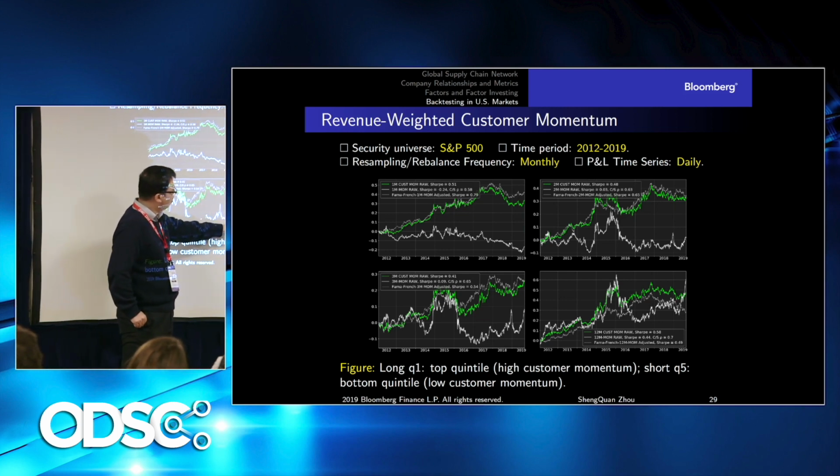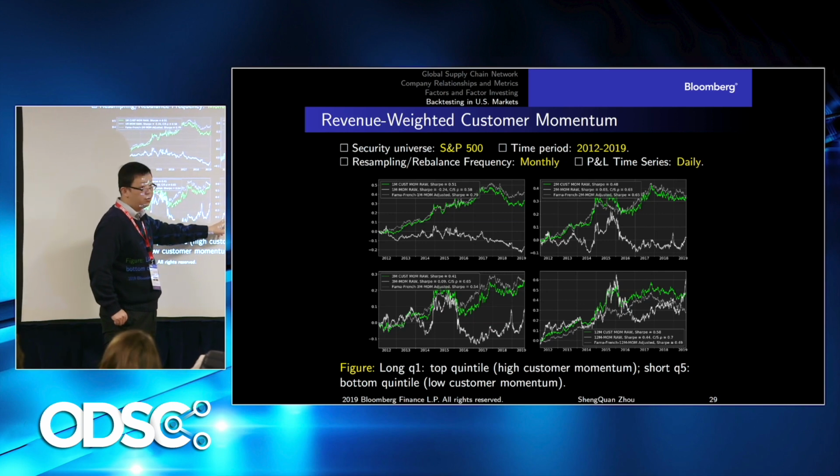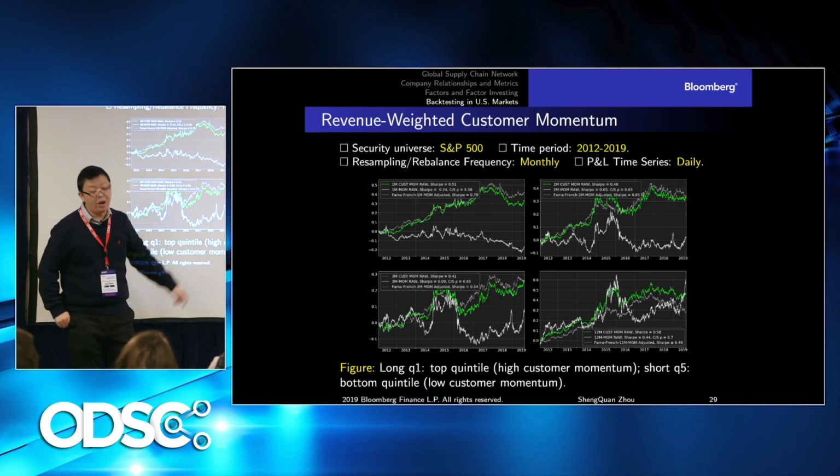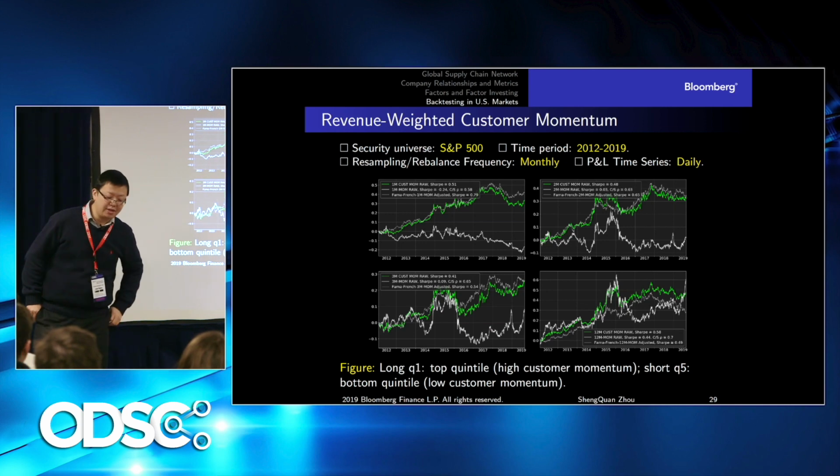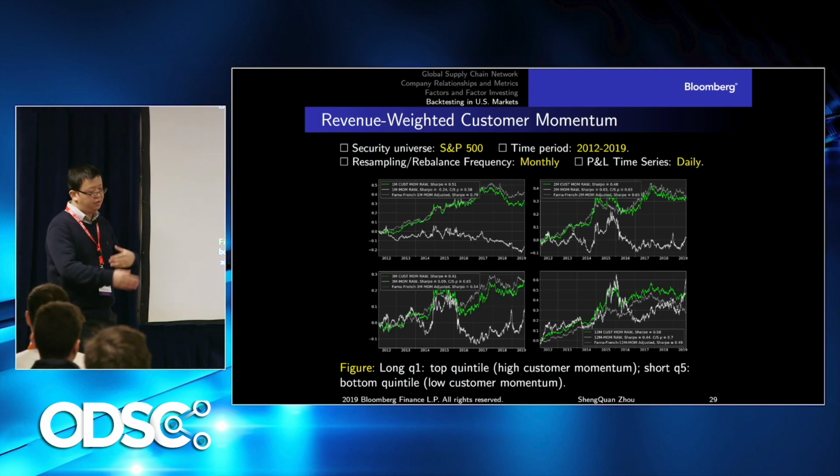actually the long-term momentum has a very significant overlap with the regular momentum factor. That sort of makes sense because it's related to how efficient the supply chain network is to transmit information from customer to suppliers.